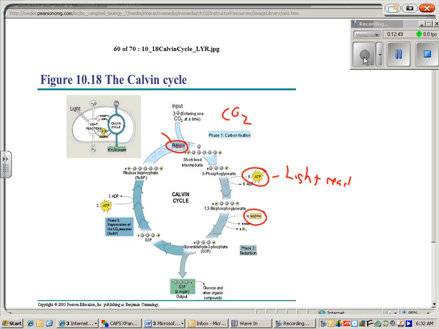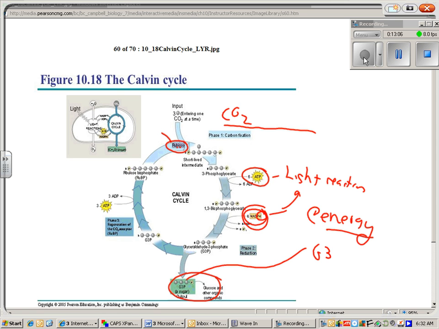ATP and NADPH from the light reactions provide energy to put carbon dioxide plus some hydrogen together to make a sugar called G3P.